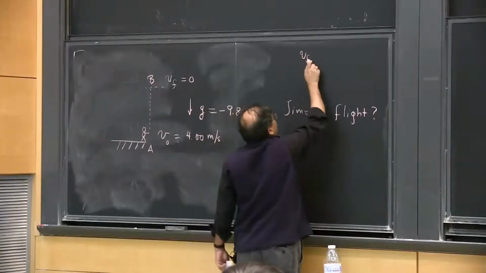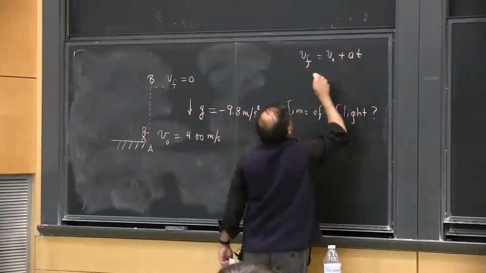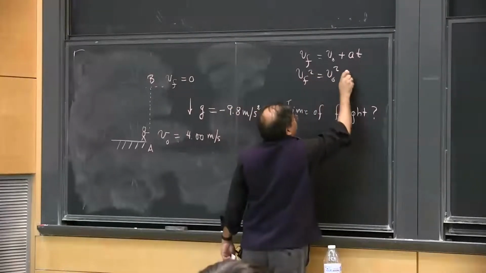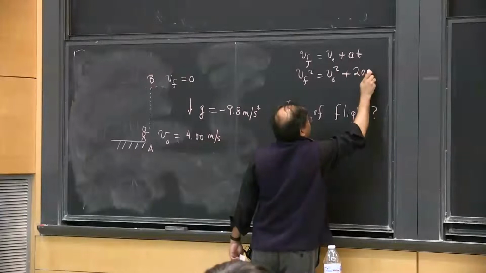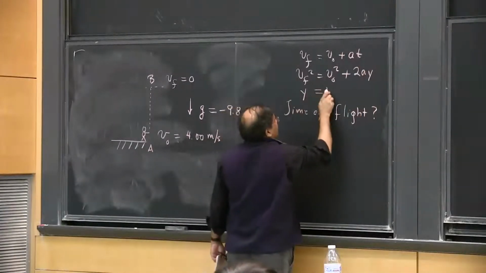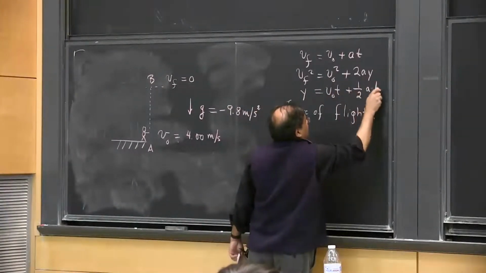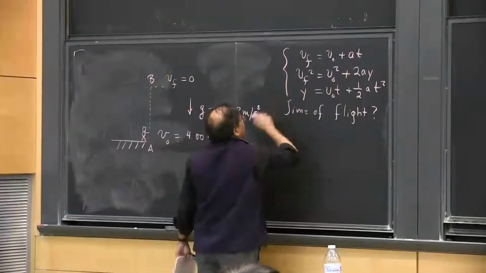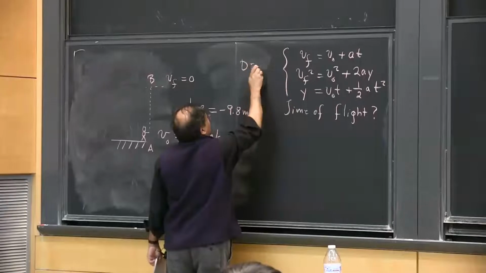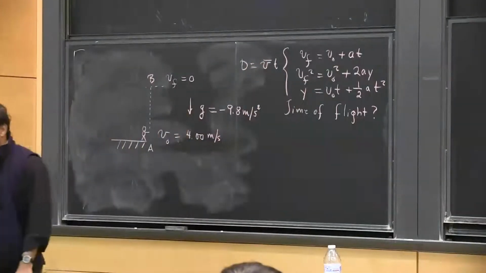We have V final equals V0 plus acceleration times time. V final squared is V0 squared plus twice acceleration times distance. Let's call it y because it's vertical. And y equals v0t plus 1/2 at squared. These are our three main kinematic formulas. And then we have distance traveled, vertical or horizontal, is some average velocity times time. So these are our four equations.